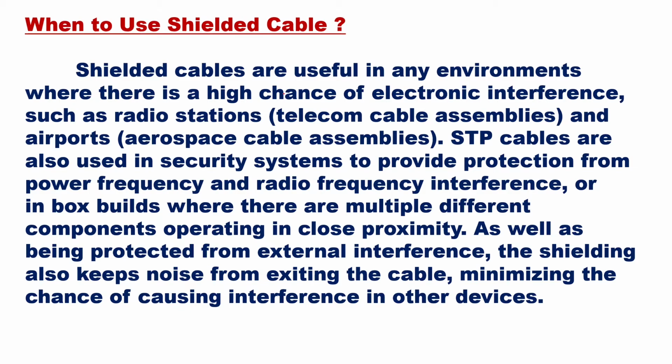STP cables are also used in security systems to provide protection from power frequency and radio frequency interference, or in box builds where there are multiple different components operating in close proximity, as well as being protected from external interference. The shielding also keeps noise from exiting the cable, minimizing the chance of causing interference in other devices. So this tells where you can use shielded cable.